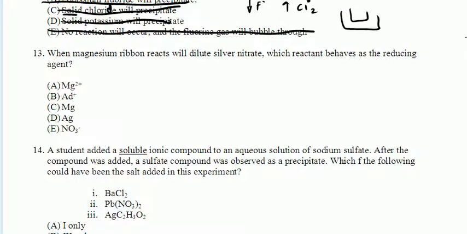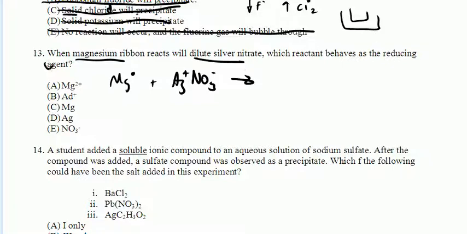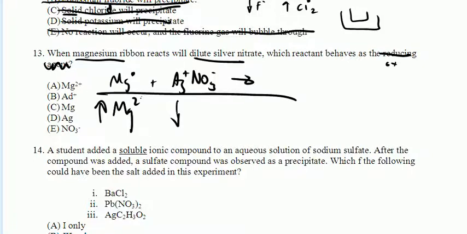When magnesium ribbon, Mg, reacts with dilute silver nitrate, which reactant behaves as the reducing agent? So who is oxidized? We have a neutral atom and we have ions, so we're going to do our up-down. Magnesium, according to the periodic table, because it's an alkaline earth metal, will go up to 2+.